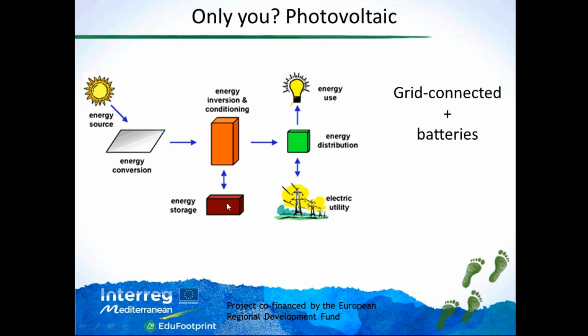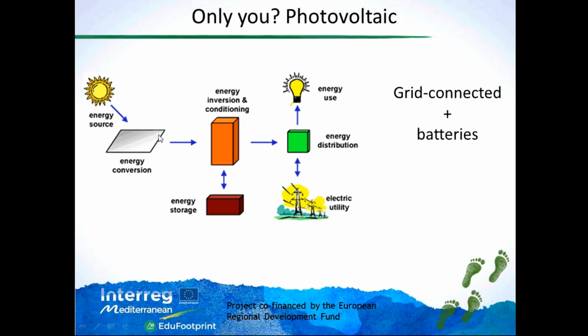And why do we need the battery pack if we are still connected to the electricity grid? Because actually the batteries, the energy storage, can improve our self-consumption. So we can improve the amount of the electricity produced by photovoltaic which is then consumed in the building rather than sent to the grid.